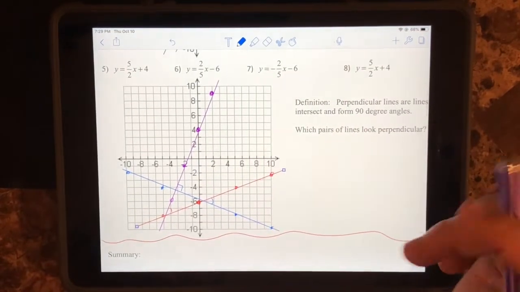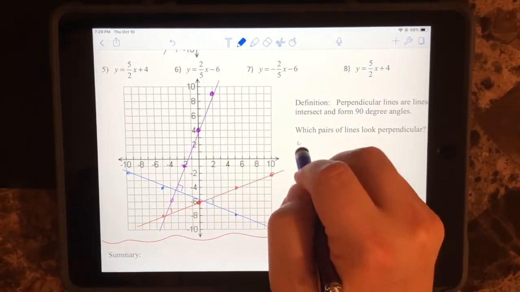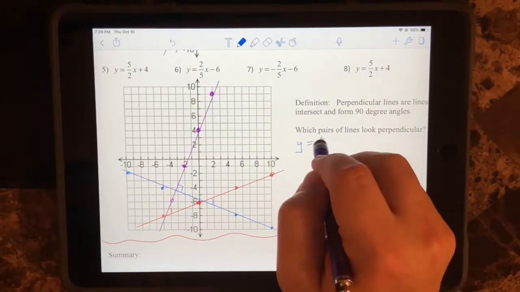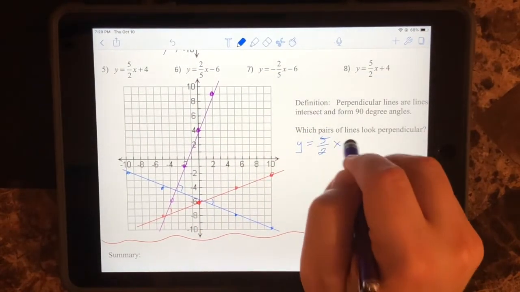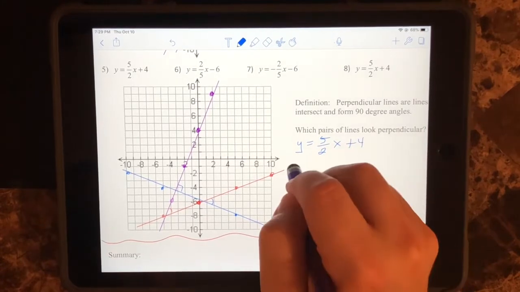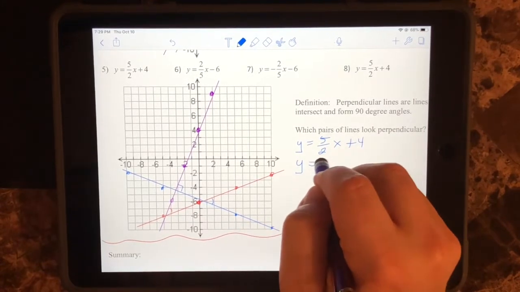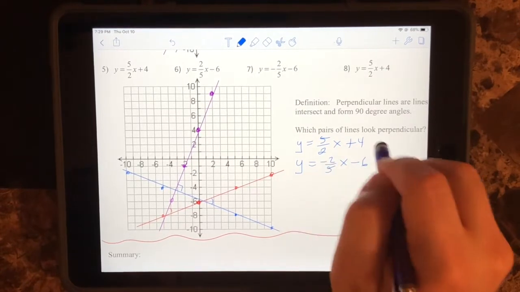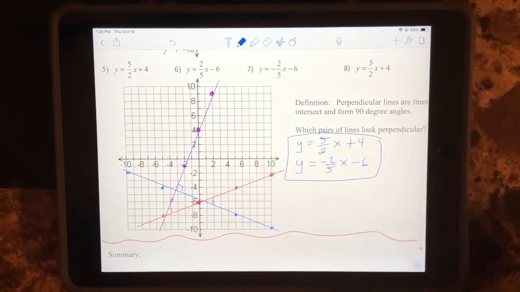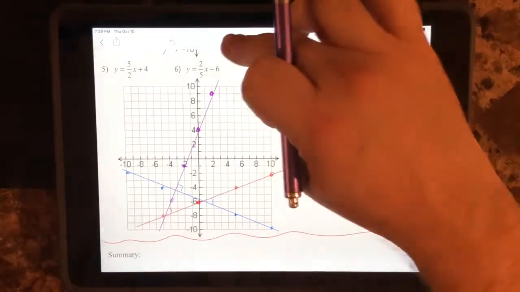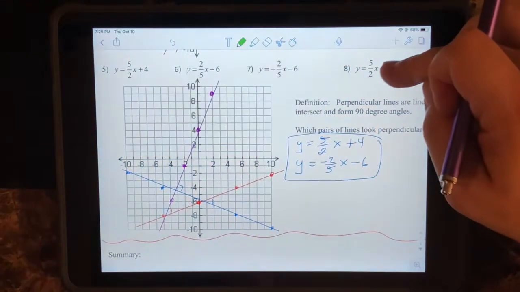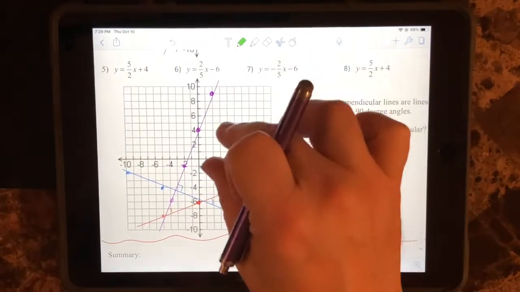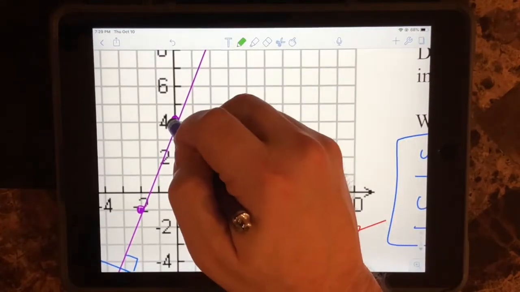So that would be y equals 5/2 x plus 4, and y equals -2/5 x minus 6. Those were perpendicular. Let's add our fourth line on there, 5/2 x plus 4.